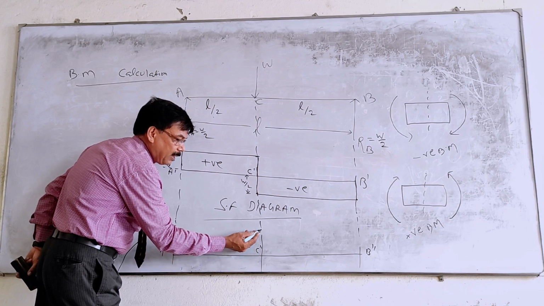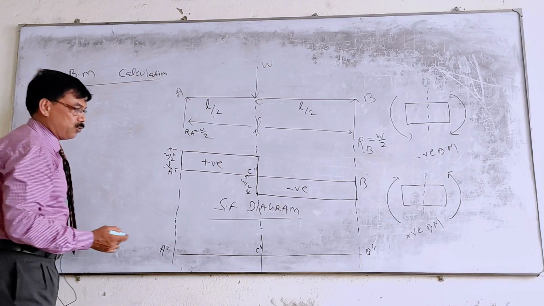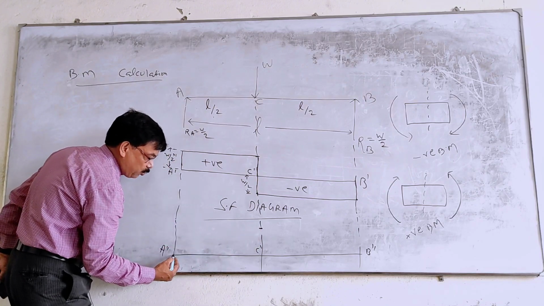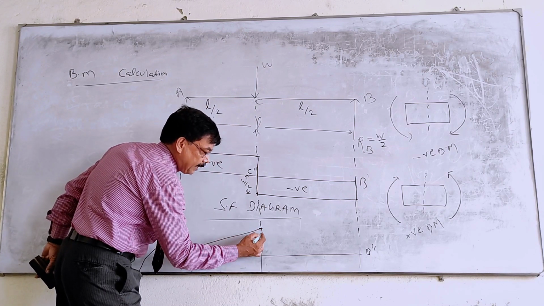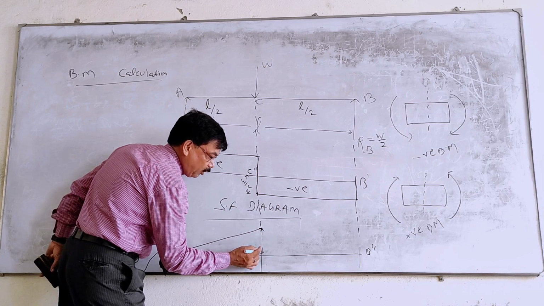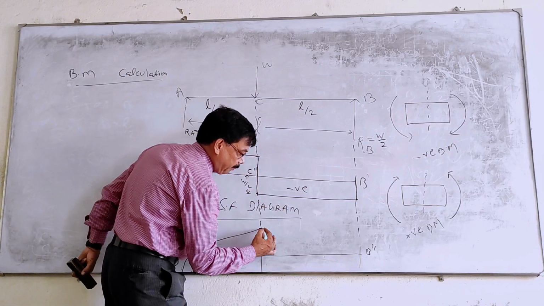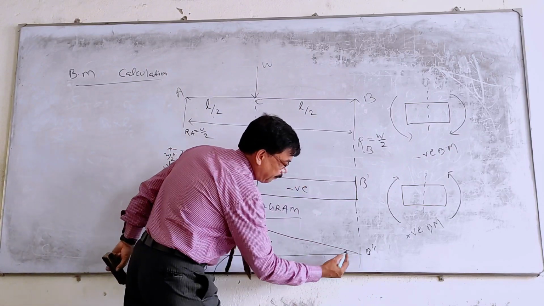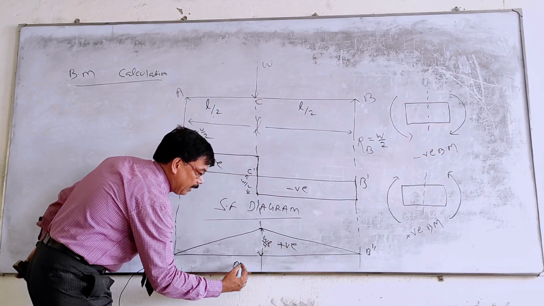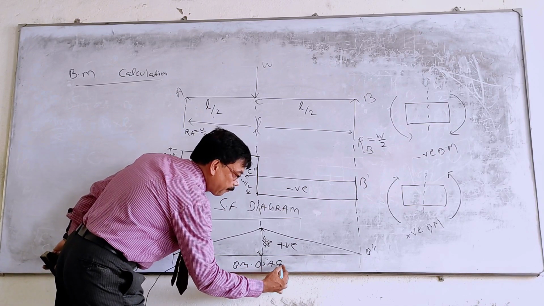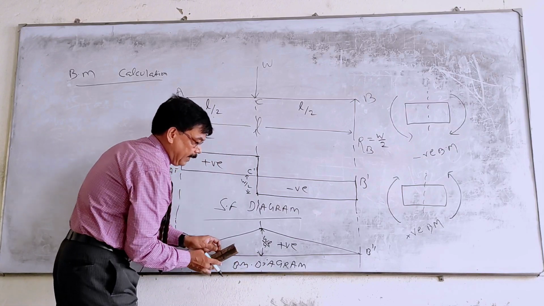Then at C double dash the value is WL by 4, positive. So mark it and join using a scale. This value must be represented: WL by 4. And finally bending moment at B double dash is 0. Again touch the baseline. Totally this is positive. And write down here: this is the bending moment diagram.